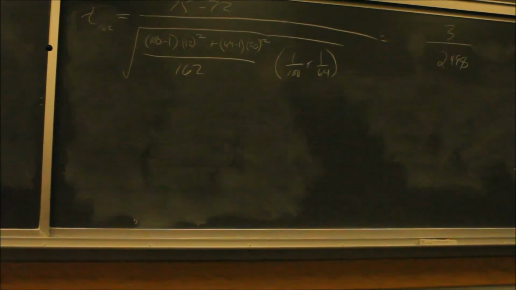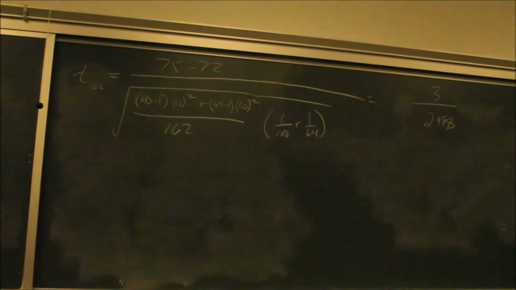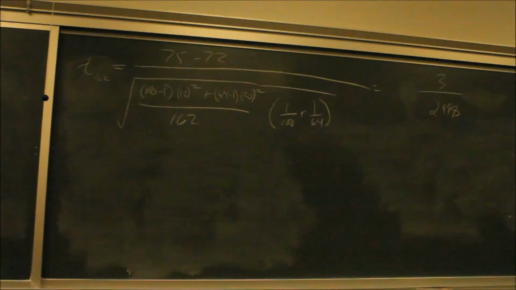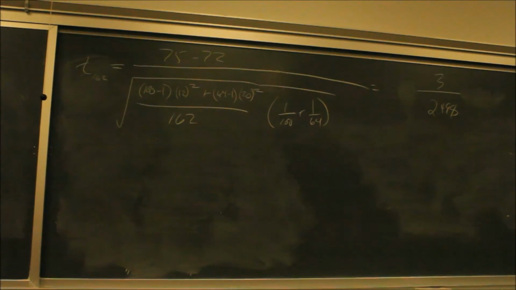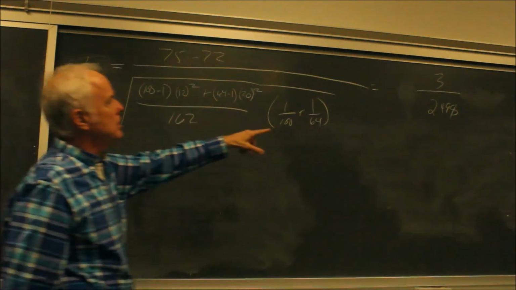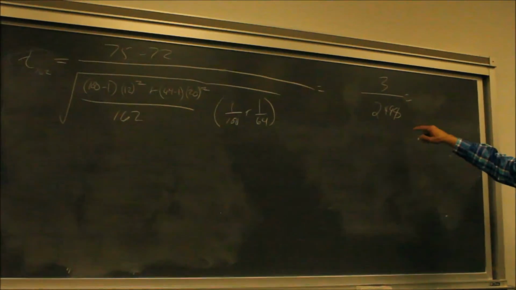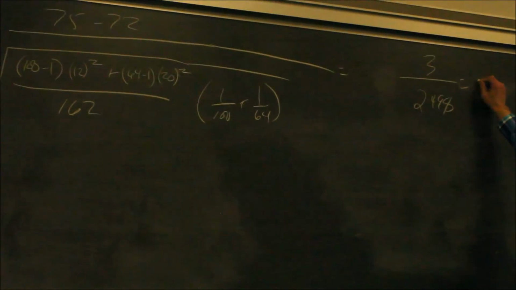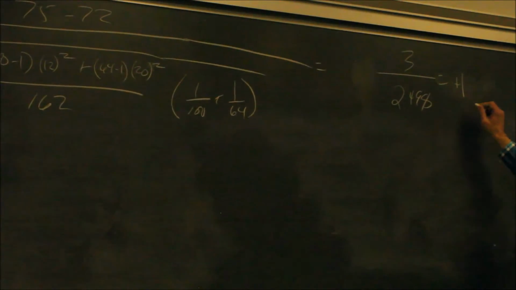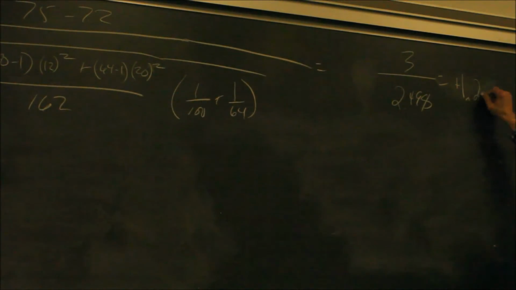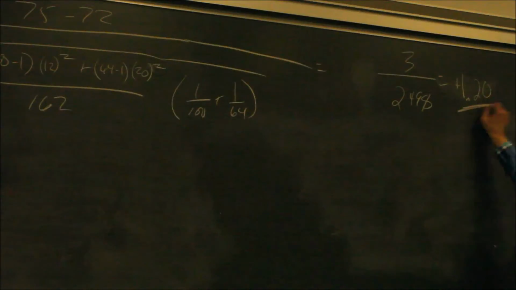So make sure that you know how to do this arithmetic over here to be able to solve for the test statistic. And you have to do it correctly, because remember that when we do 3 divided by 2.498, what do we get? First of all, it's a plus 1.20.